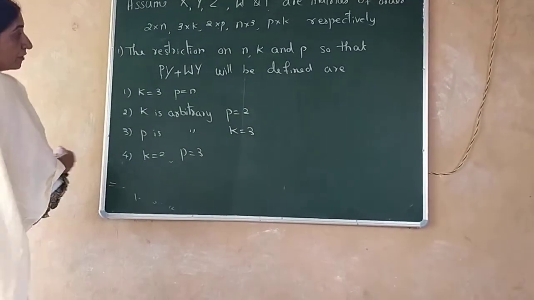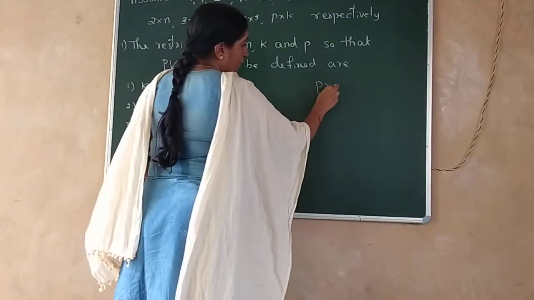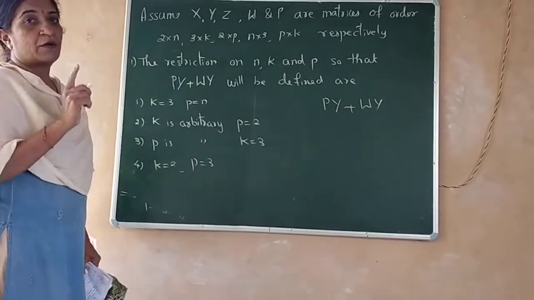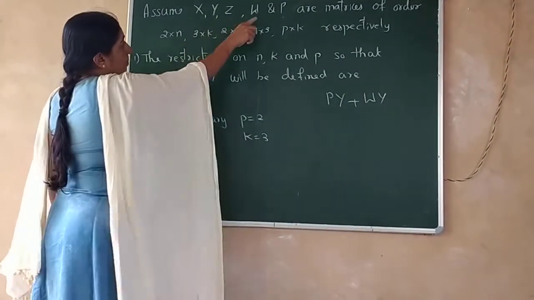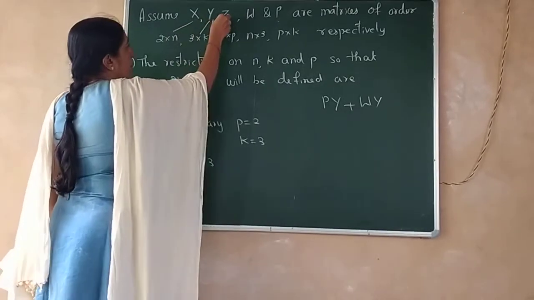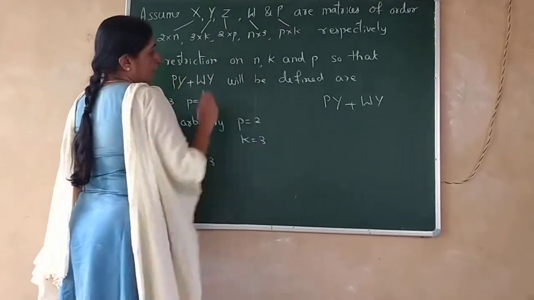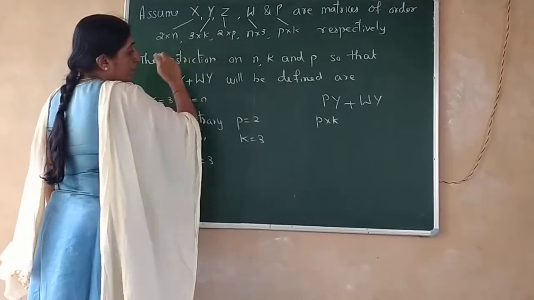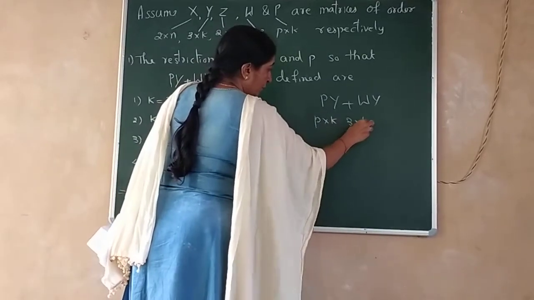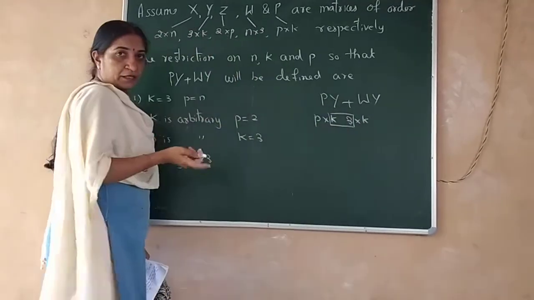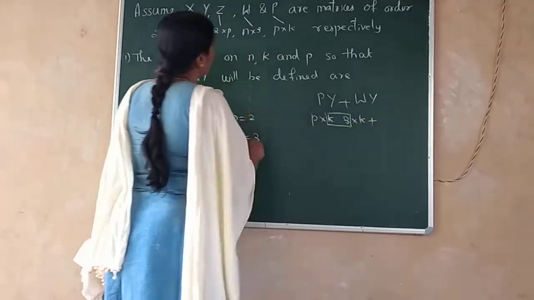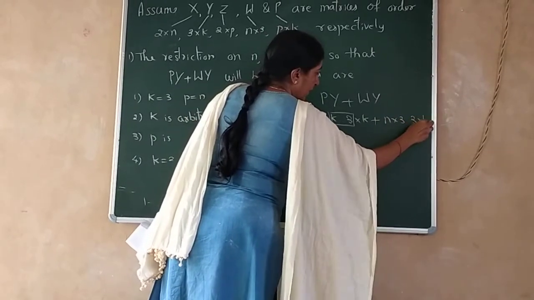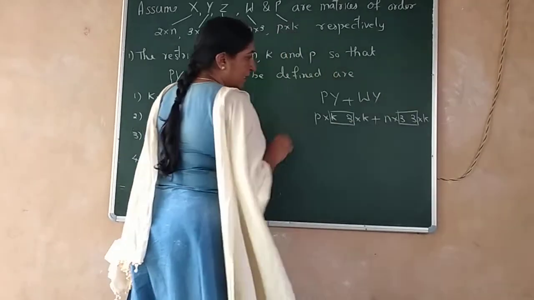So here, first write down on the side PY plus WY. Already we are familiar, when you are multiplying we have to observe the order. What is the order of P? This is P, this is Y. P is P by K, Y is 3 by K. For multiplication the middle two must be the same. Plus, what is W? W is N by 3 and Y is 3 by K. Here it is possible because the middle values are equal.